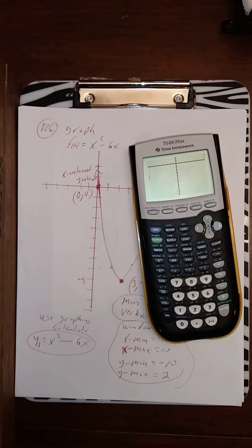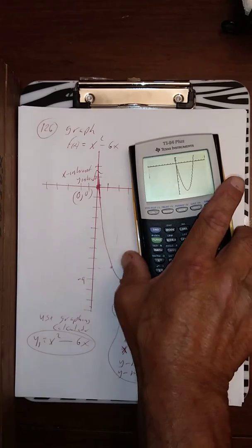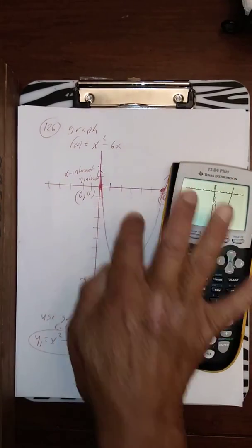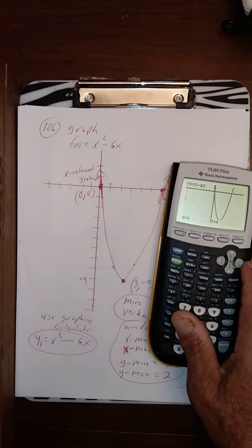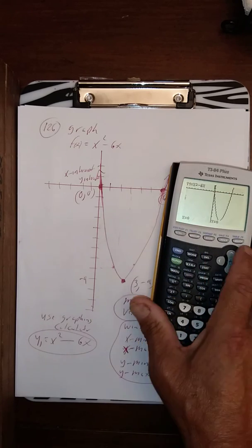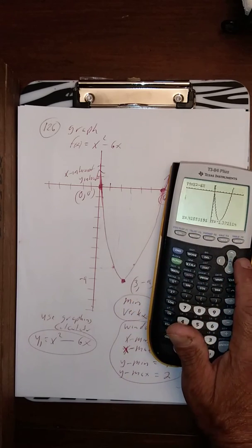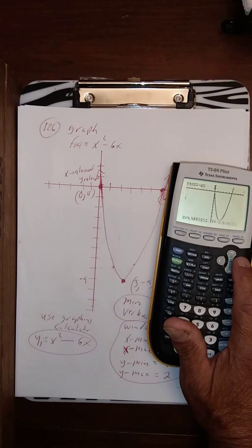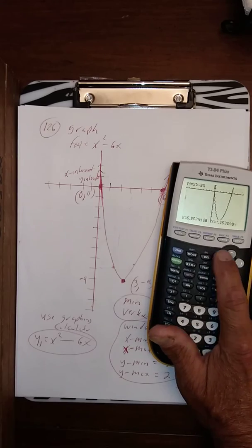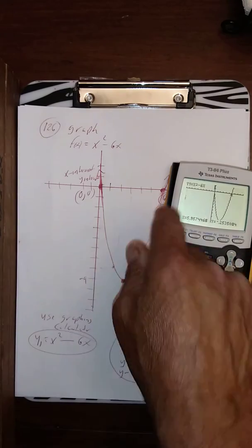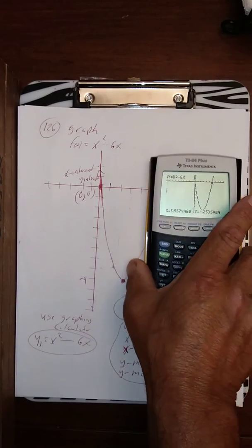Hit graph. There it is. Matches this one. Do a trace on it if you want to. Have 0 and 0. Keep going. Get another point. And keep going. So anyway, we can get graphs. We can get points right there on the machine.